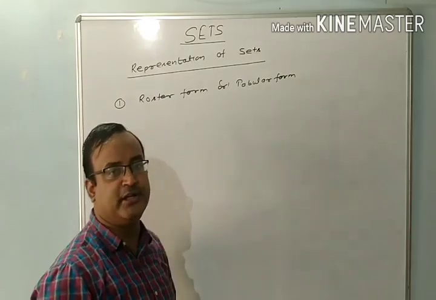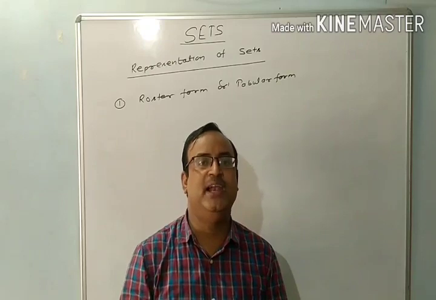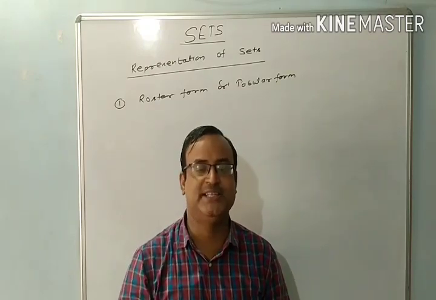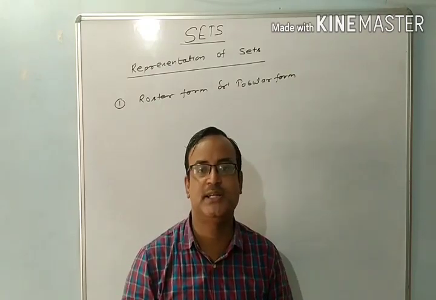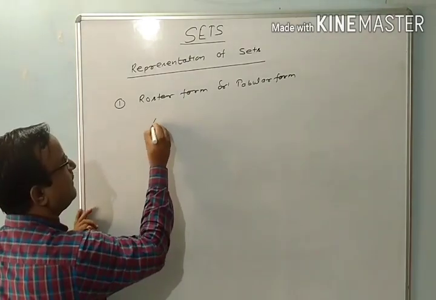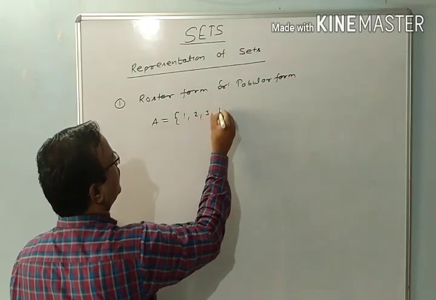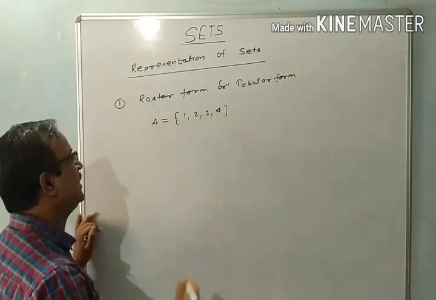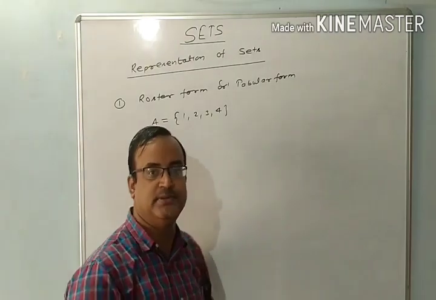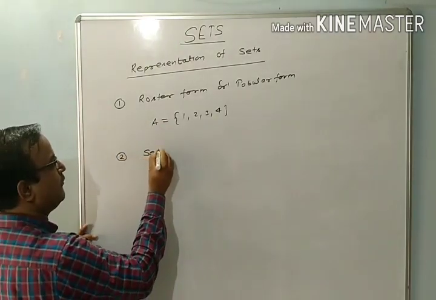In this form of representation of a set, we list the elements of the set separated by commas and within braces. For example, A = {1, 2, 3, 4}. These are the 4 elements of the set.